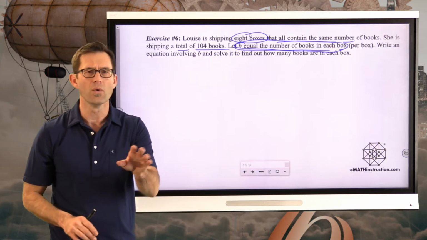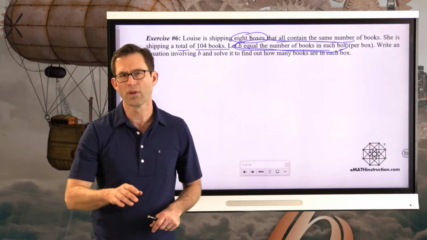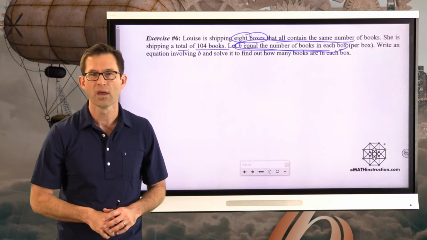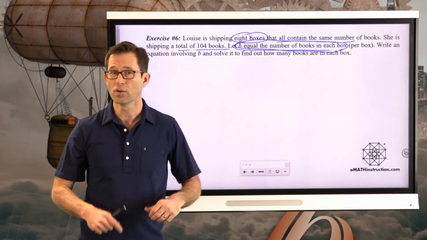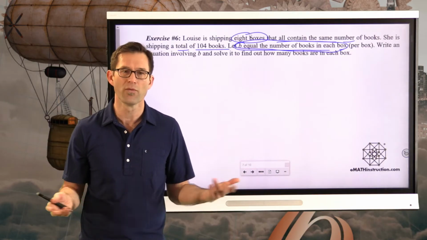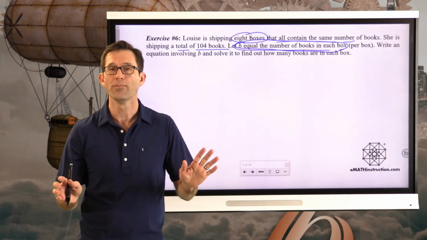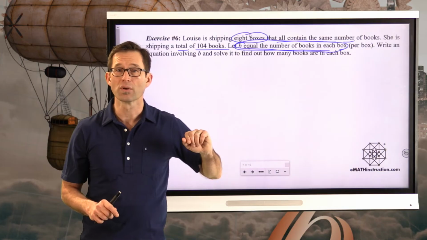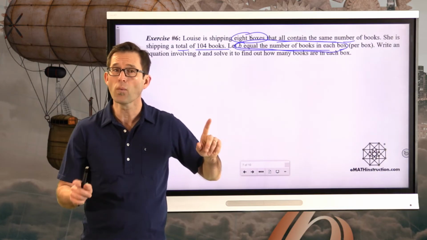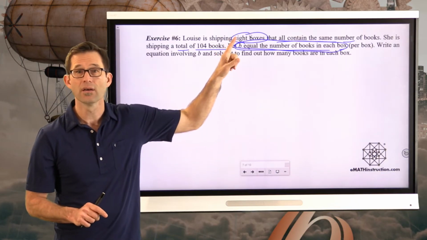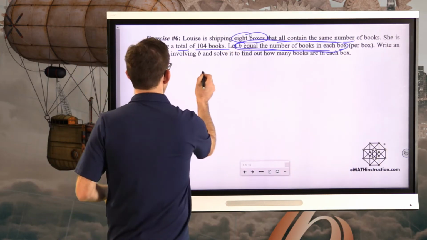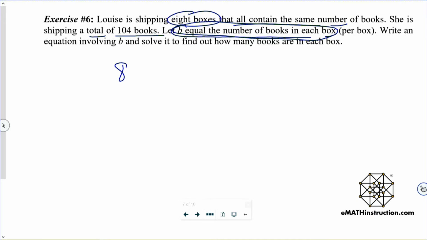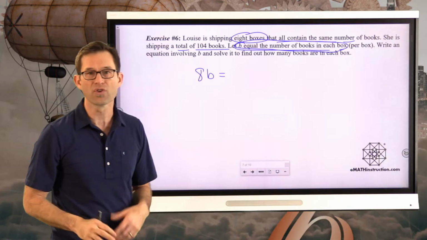Now, if you knew how many books were in each box, say 5 books, and you wanted to know the total, you'd just do 8 times 5, and you'd get the total number of books, which would be 40 in that case. We don't know the number of books in each box, but we could still say that if I took 8 and multiplied it by the number of books in each box, so 8 times B, that would have to give me the total number of books.